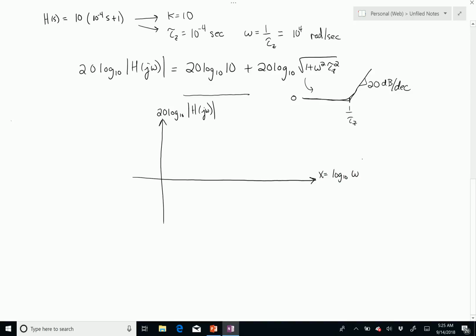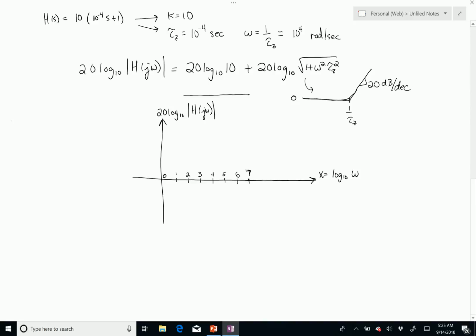Now I dimension my x-axis: 0, 1, 2, 3, 4, 5, 6, 7.